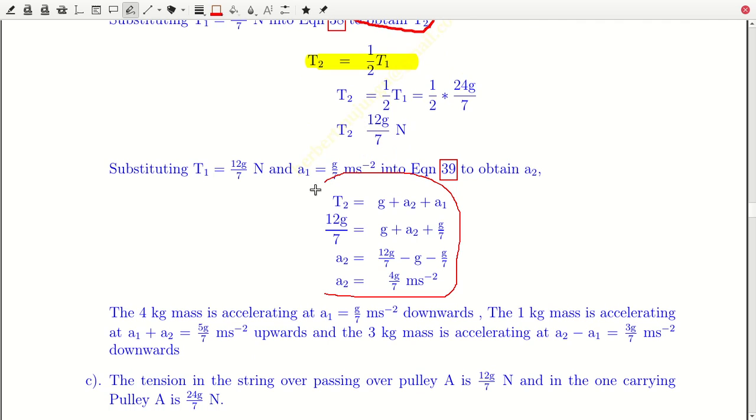The same way, because I had already got A1, and T2, I used them to solve for A2. So I finally got A2 as 4g over 7.